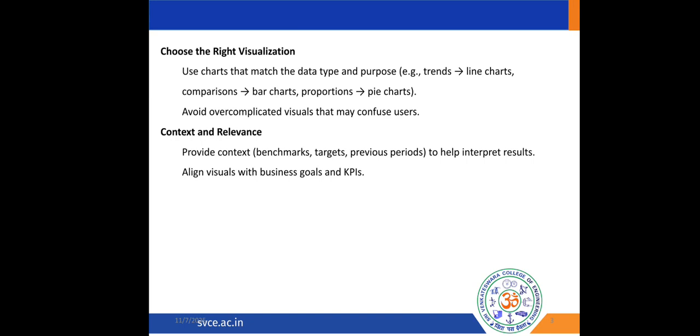And next is the context and relevance. So context for BI is the environment and background information that gives data meaning, making it relevant for decision making, while its relevance lies in the BI's ability to transform raw data into actionable insights that drive strategic and operational improvements.